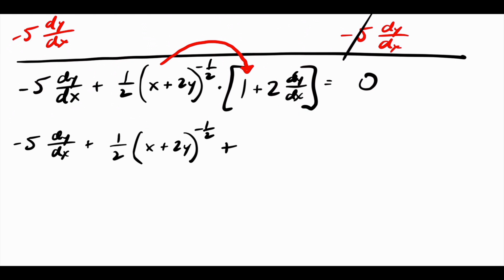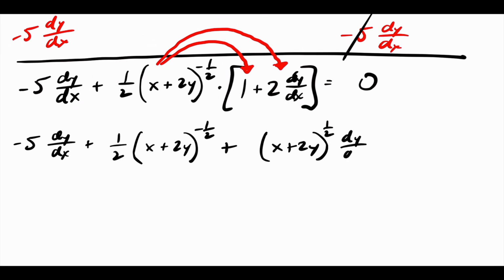Plus, and then I'm going to distribute to the 2 dy/dx. Well, 1/2 times 2 is just 1. dy/dx equals 0.